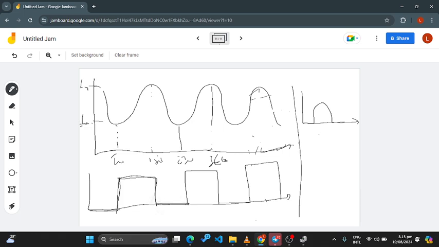Then when the current goes to its maximum, you still have something like this. So this place is 90, this is 180, this is 270, this is 360. This place is 90, this is 180, this is 270, this is 360. Yeah, so that's how the drawing looks.